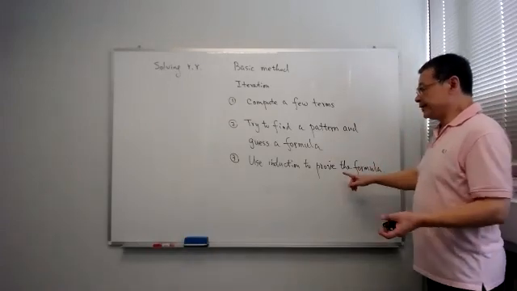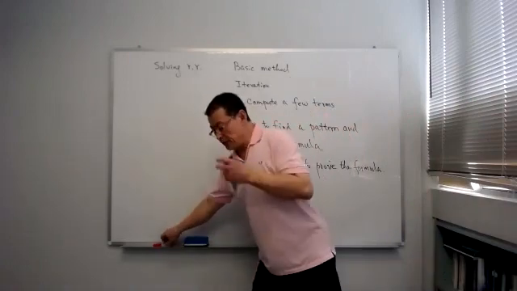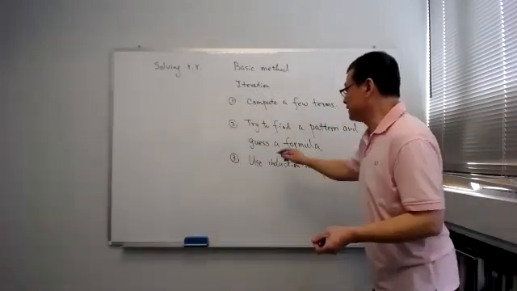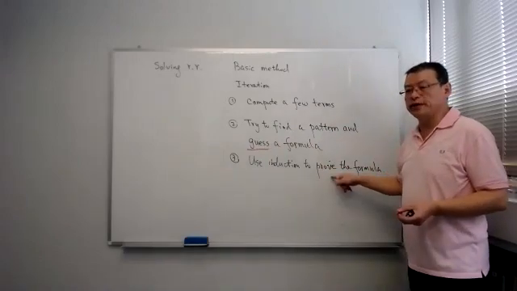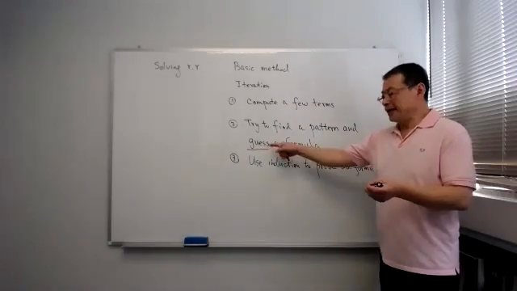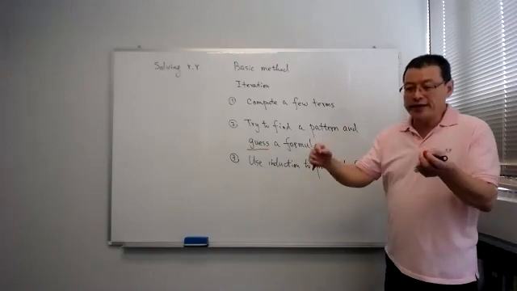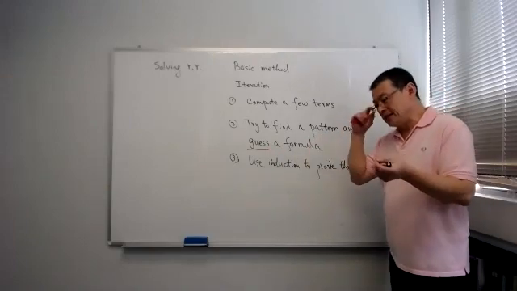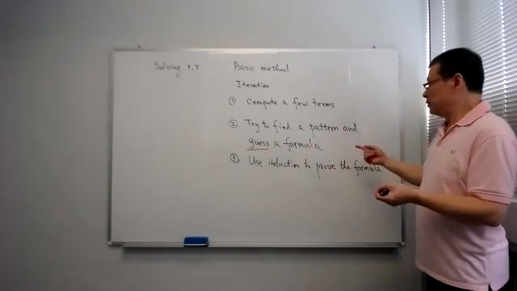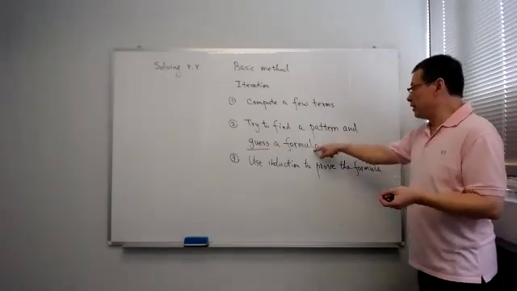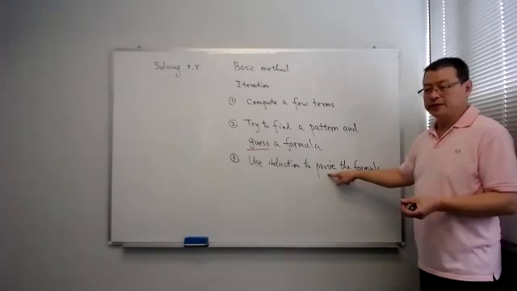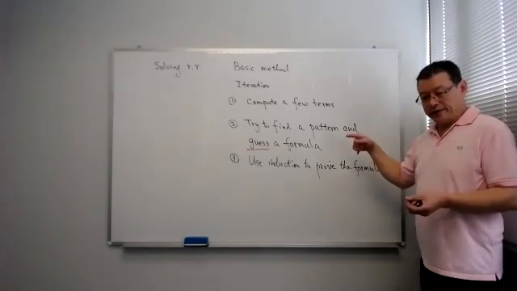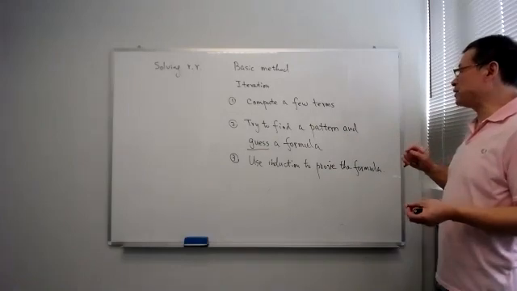Now, the third step, whether we need it or not, depends on how we guess it. If we really guess the formula, then we do need induction to prove it. But if it's a very well-educated guess, actually not a guess, and we really obtain the formula from the pattern, then the step may not be needed. I will give you an example to illustrate that.